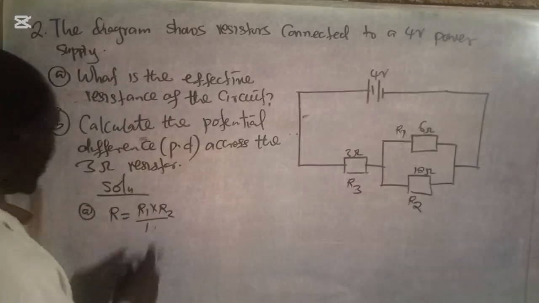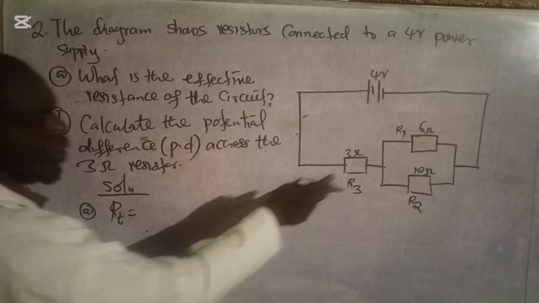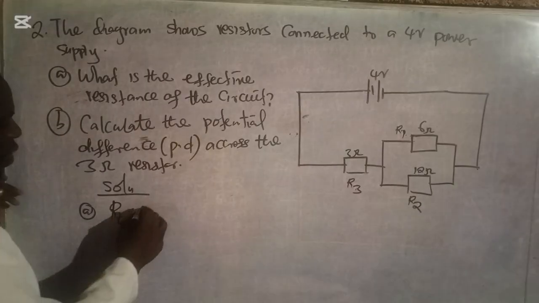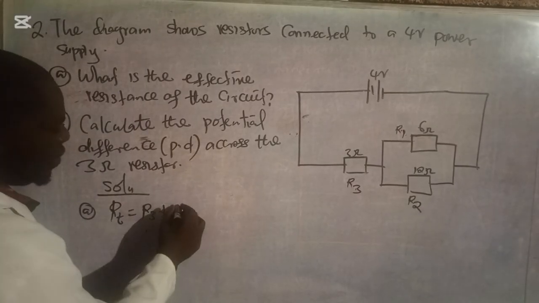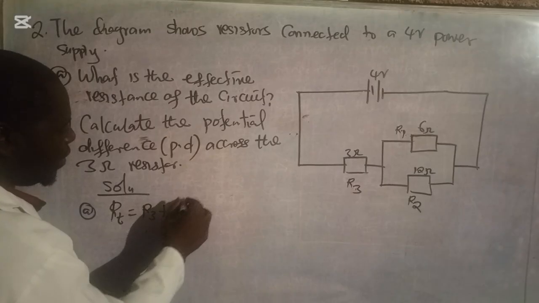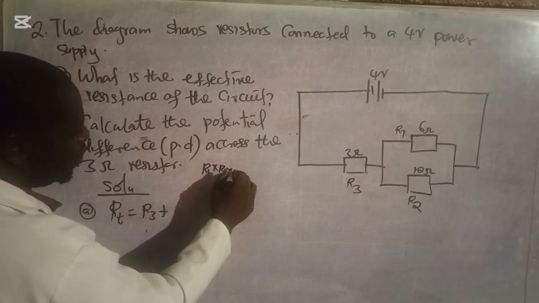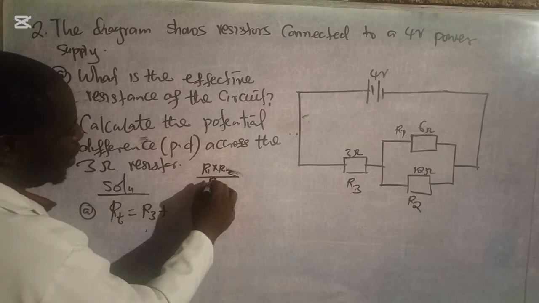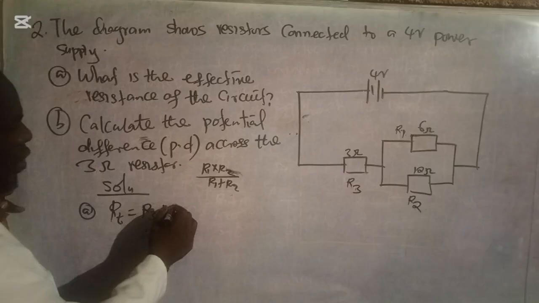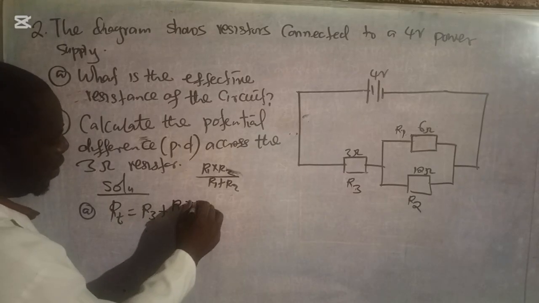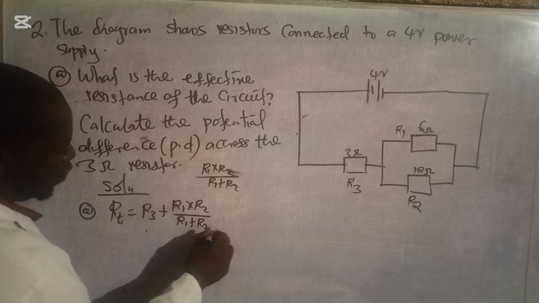So we can just say total resistor is equal to, we're going to add this one, which is R3, plus those two in parallel. The formula is R1 times R2 over R1 plus R2 altogether.